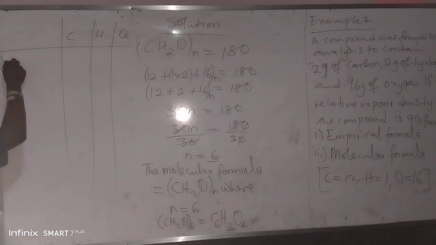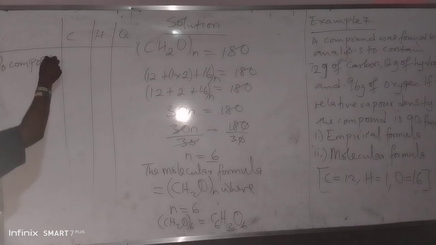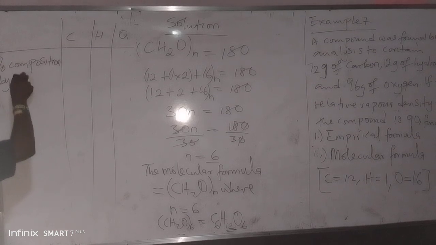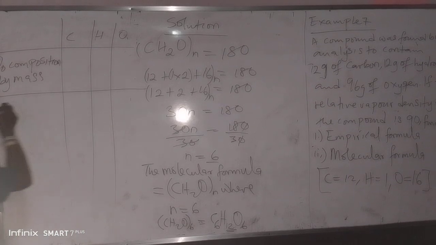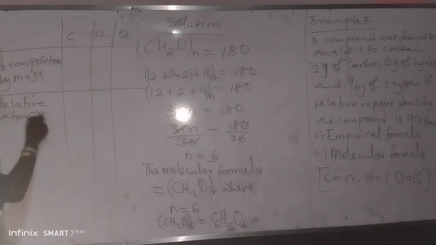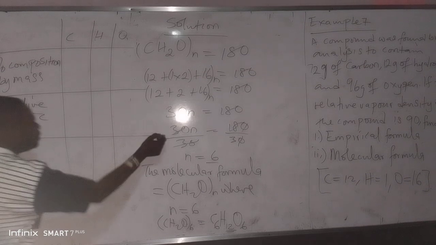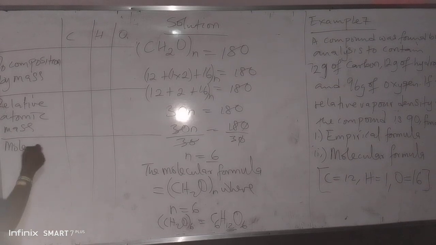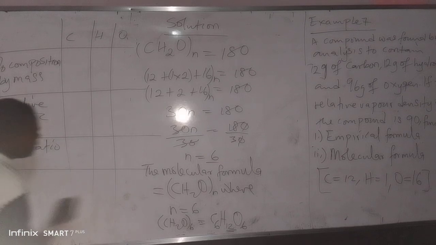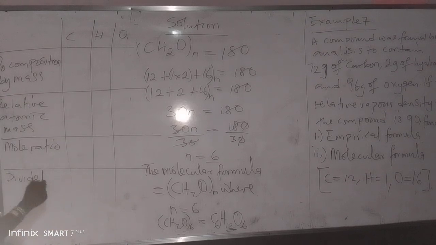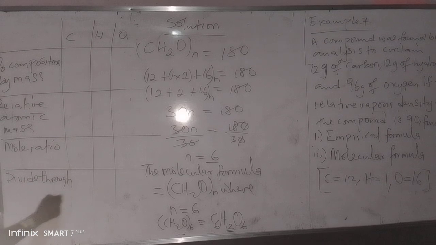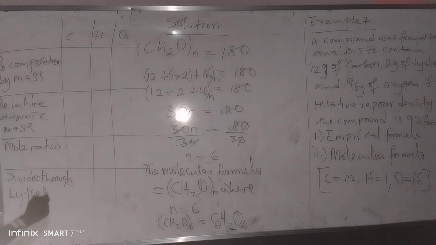We have percentage composition by mass, we have relative atomic mass, we have mole ratio, and we have divide by the smallest mole ratio.